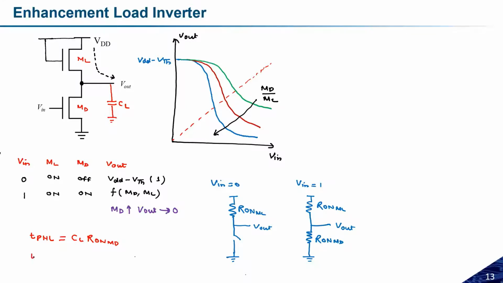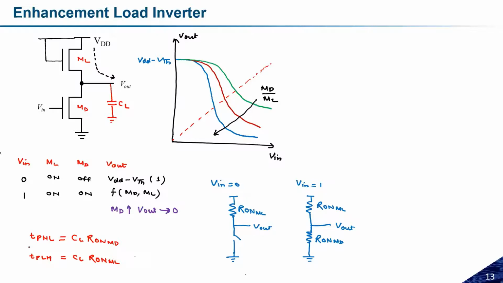And similarly, TPLH will depend on CL times R on of ML. So the important thing is these two components will depend on, one on MD and the second one on ML.